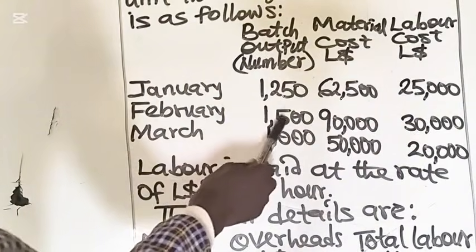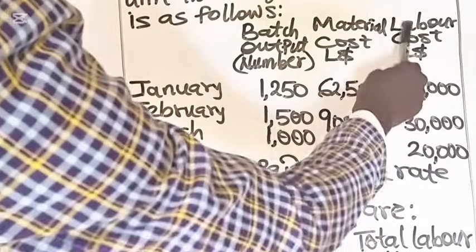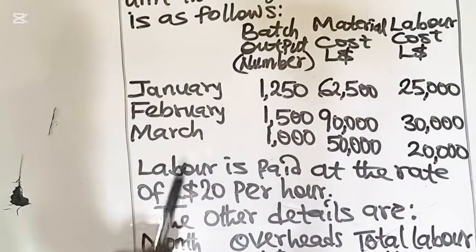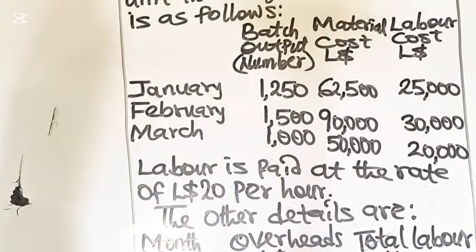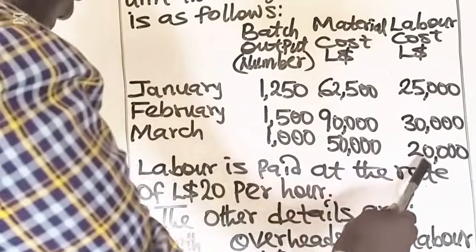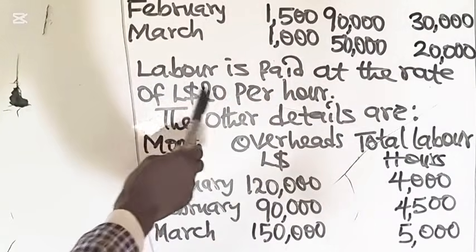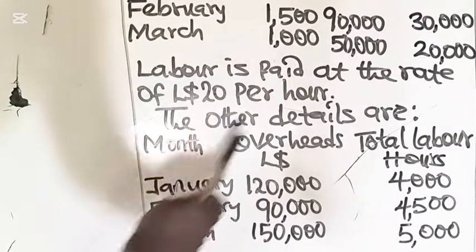In February, we have 1,500, 90,000 Liberian dollar and 30,000 Liberian dollar for materials and labor. In March, we have 1,000 batch output, 50,000 Liberian dollar and 20,000 Liberian dollar. Labor is paid at the rate of 20 Liberian dollar per hour.